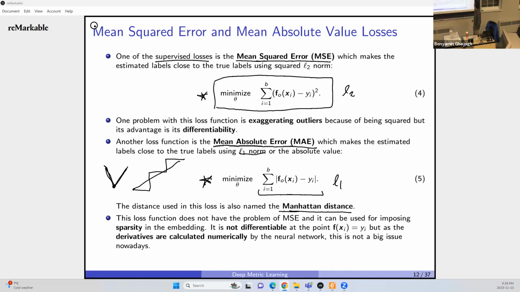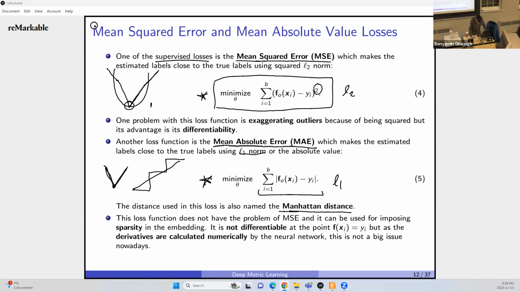What about the advantage of the L1 norm over the L2 norm? The L2 norm has one big flaw: this square exaggerates outliers. If you have an outlier, it becomes larger, but the L1 norm doesn't do that. If you draw the L2 norm and the L1 norm, the L1 norm is not as smooth, which is its problem.